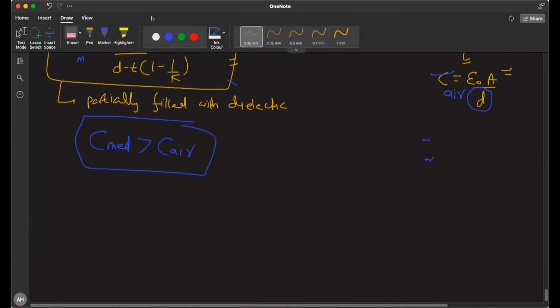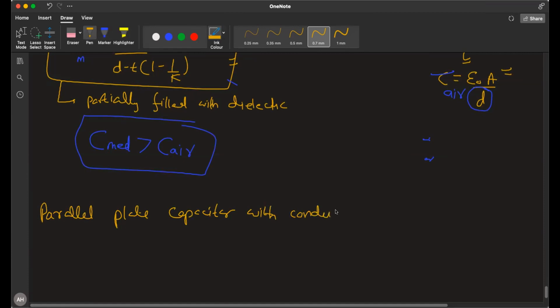The next case is again parallel plate capacitor, with a conducting slab partially filled between the plates.